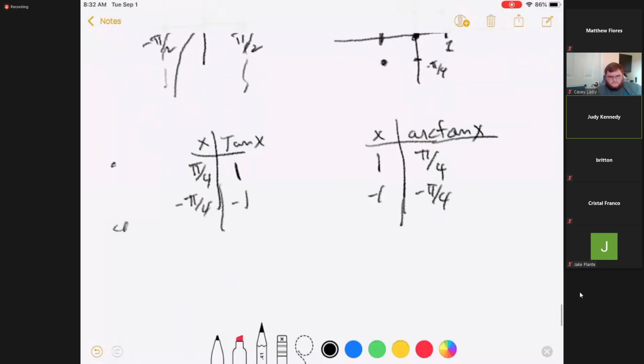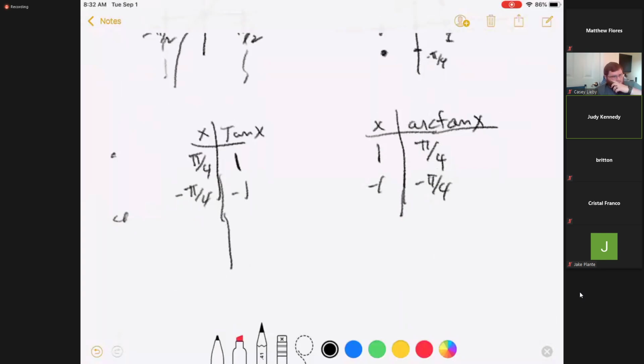But if I get close to, but less than, pi over 2, my tangent values are big. So going to plus infinity.